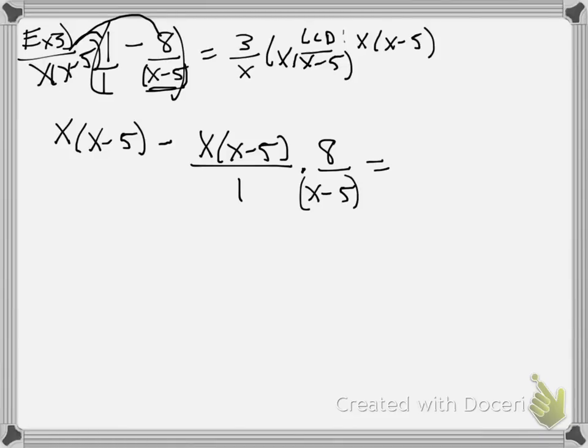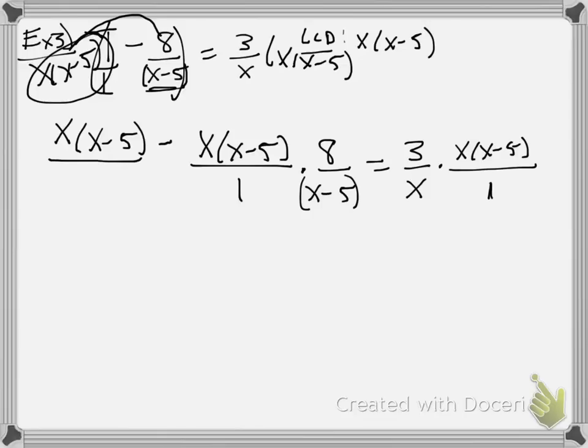And on this side of the equation, I have 3 over x times x minus 5. Remember, that's in the numerator over 1. So let's see what cancels. Now, in that first term, where we multiplied just to 1, nothing cancels. It was just multiplying to 1.